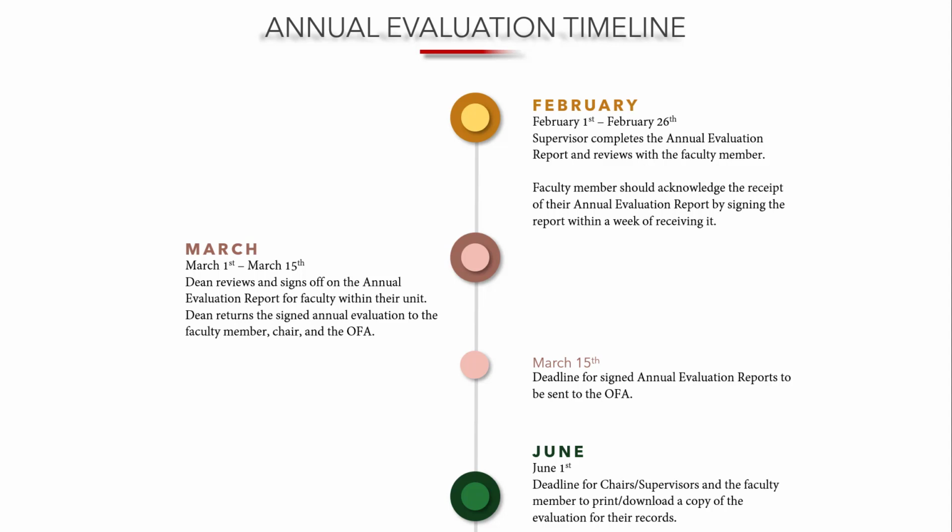The deadline to do this and to have all annual evaluation reports sent to the Office of Faculty Affairs is March 15th. June 1st is the deadline for chairs or supervisors and the faculty member to print or download a copy of the annual evaluation for their records.